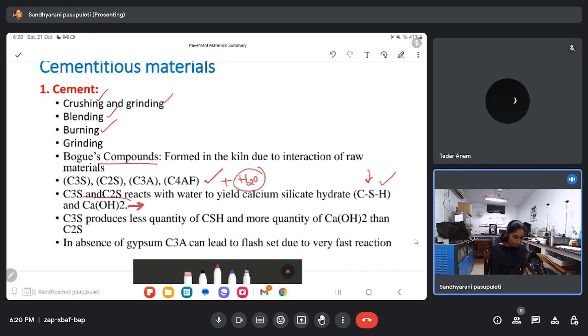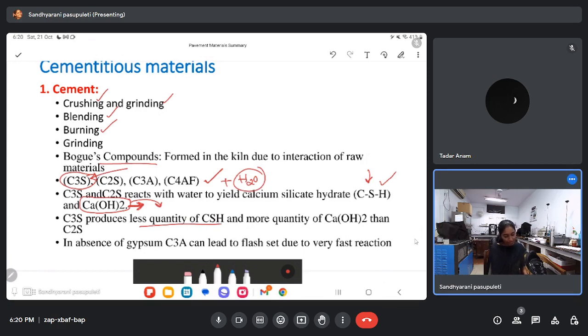Too much Ca(OH)2 is not recommended to be released during the hydration process. What steps we are going to take to reduce this released calcium hydroxide, we'll discuss further. But it also produces more calcium hydroxide, and it also produces less quantity of CSH.